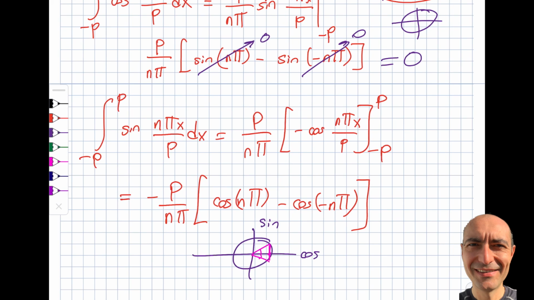If I have an odd n, I'm going to get a negative 1. So you can actually represent this. I don't need this point, okay? I already established that this is 0, but I'm giving additional information. I'll need this. So cosine of n pi, you can represent this as negative 1 to the power of n, okay? Like I said, when you put n equal to 1, you're going to get minus 1. You put 2 pi, cosine of 2 pi is plus 1. But you're going to get 0 over here.